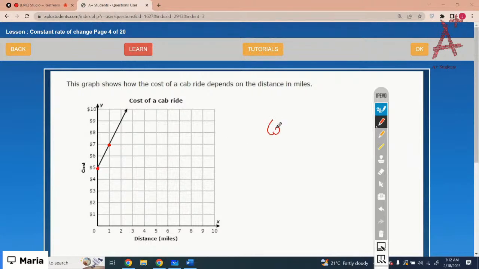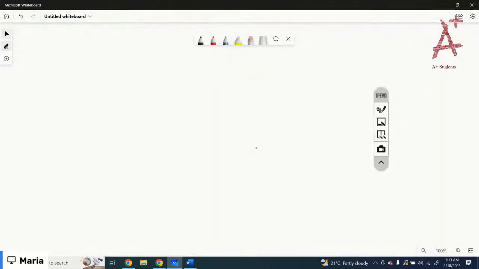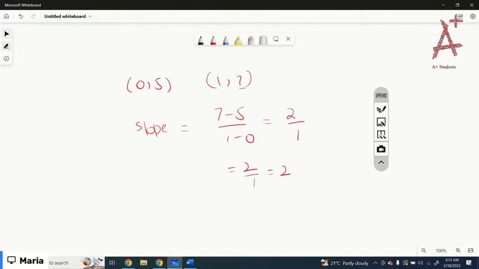So the points are 0, 5 and 1, 7. So let's just calculate the slope. The slope is change in y divided by change in x. So just do 7 minus 5 and 1 minus 0. 7 minus 5 is 2, 1 minus 0 is 1. So it would be 2 over 1 and that equals 2. So the correct option is the slope of the graph is 2.